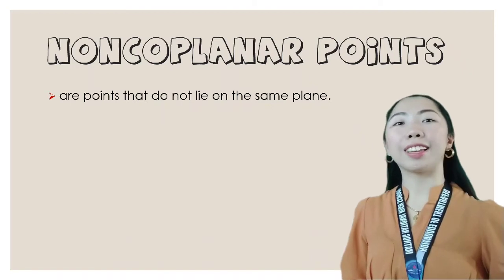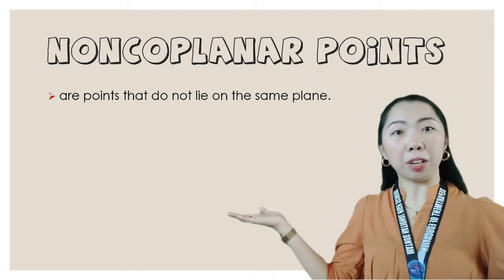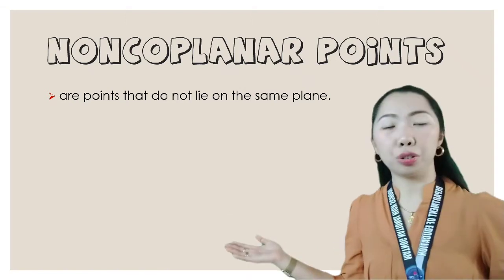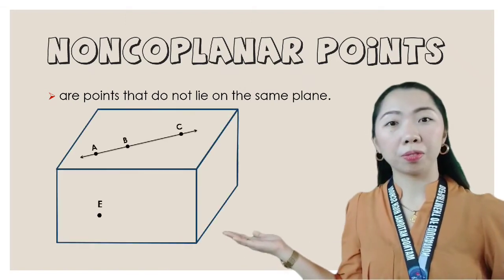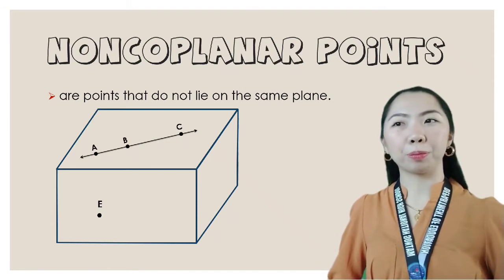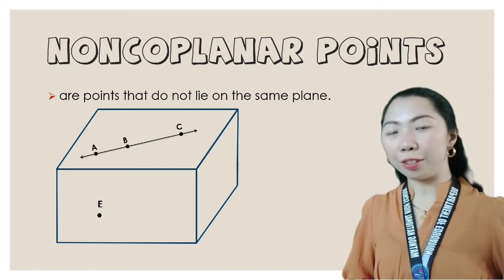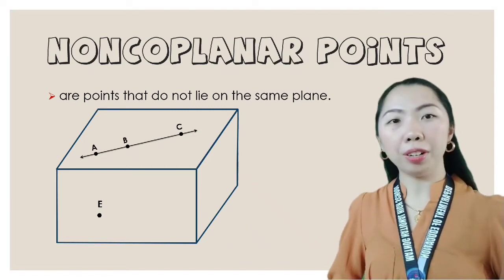They are points that do not lie on the same plane, or the opposite of coplanar points, right? So how can you draw them? Look at this example. Can you identify the points in the figure?